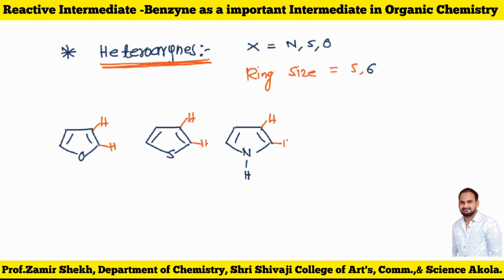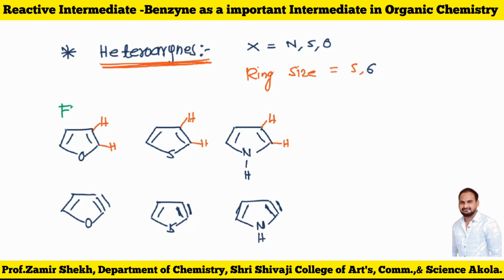If I remove these hydrogens, I am going to prepare different types of heteroarynes. This will be the double bond which develops here. So the first molecule is from furan, this is from thiophene, and this is from pyrrole.